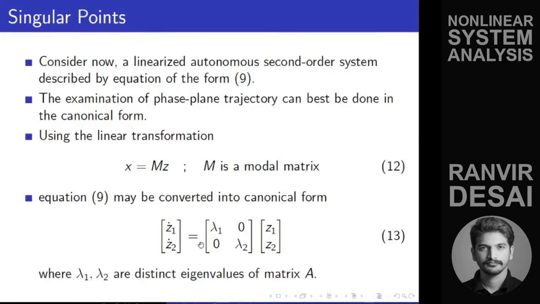So it is easier to understand the dynamics, because z1 dot is equal to lambda 1 times z1. You can directly find the trajectory: z1 of t is equal to e raised to lambda 1 t, where the lambda will be negative.